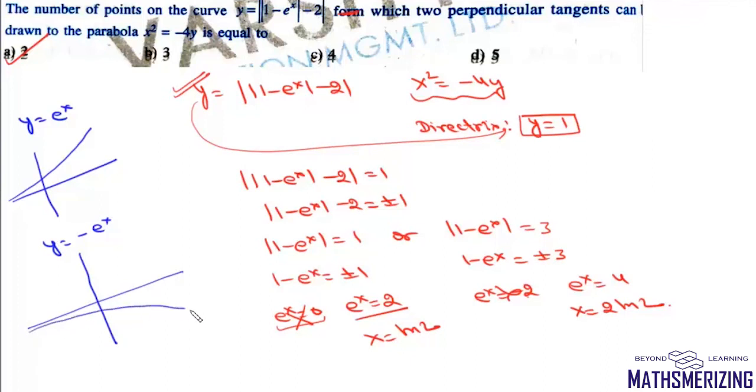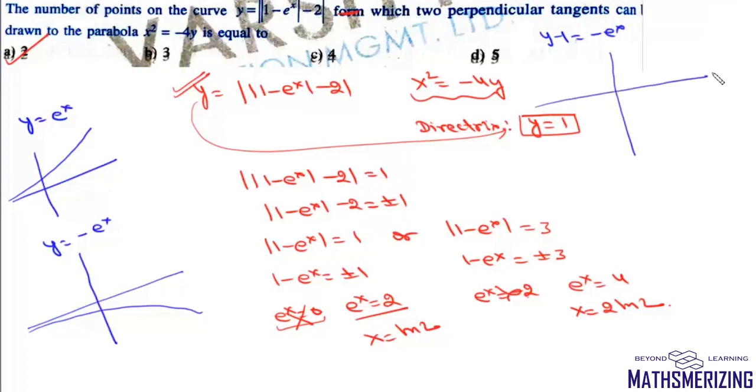So that is the graph of y equals minus e to the power x. Now we'll draw the graph of y minus 1 equals minus e to the power x. So I'll shift this entire graph plus 1 unit along the y-axis. So now it'll be this graph.